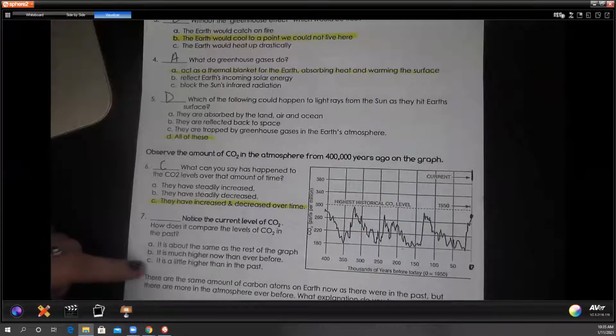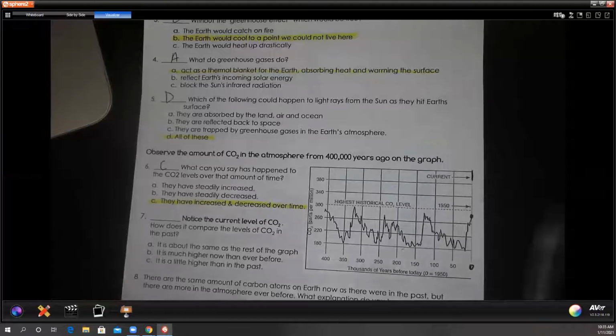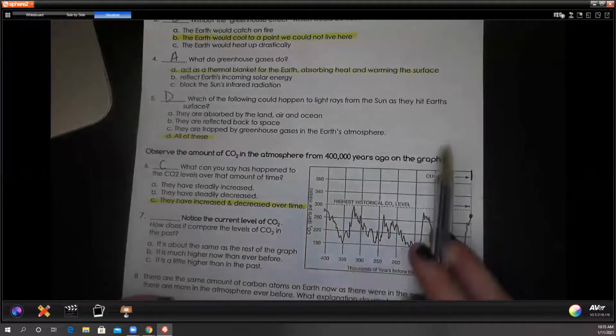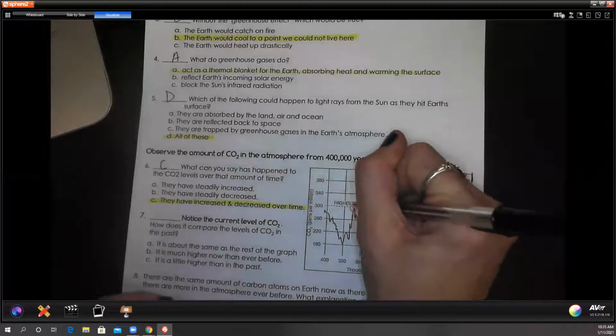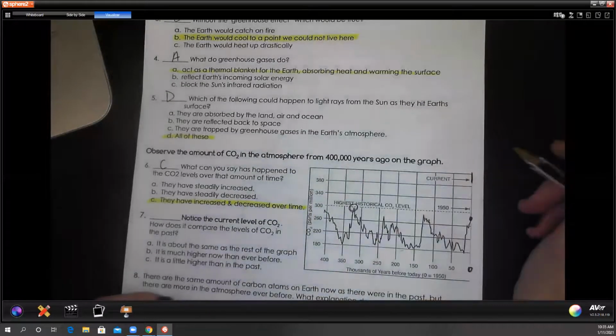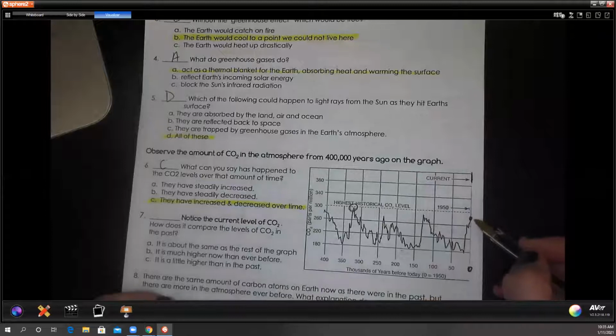Oh, wait, that's not what I wanted to do. Oh, yeah, so the highest point was about 325 years ago, and we're not quite there yet.